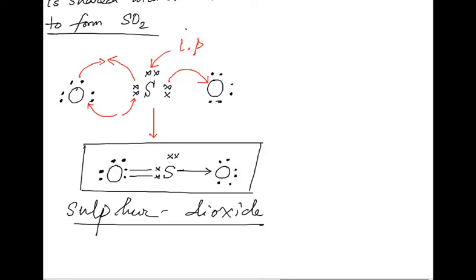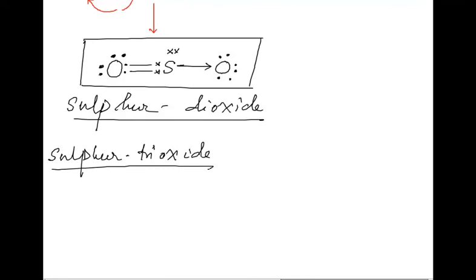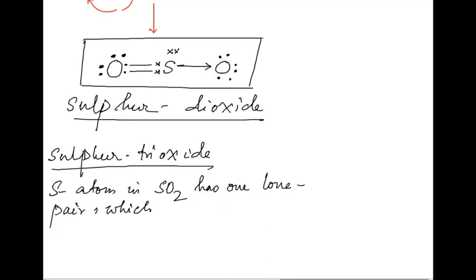Now our next query was that of the sulfur trioxide molecule. In order to explain the sulfur trioxide molecule, let us have a look at the molecule of sulfur dioxide itself. If we have a look, we can find that the sulfur atom in SO2 has one lone pair which it can donate.